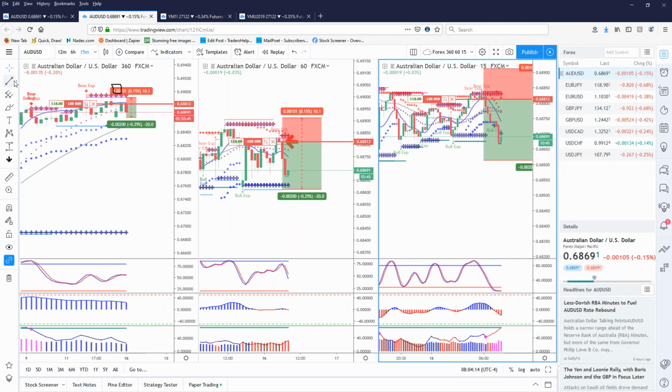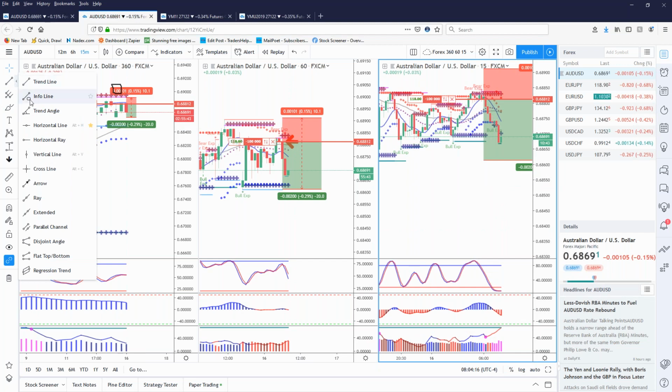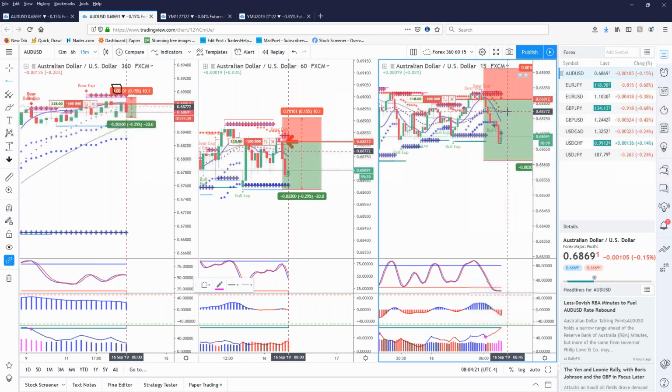Now, that tells me that more likely than not, price is going to pull back to this ATR, which is at 68.77, okay? So my entry was up here at 68.81.